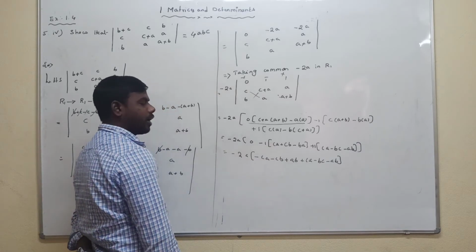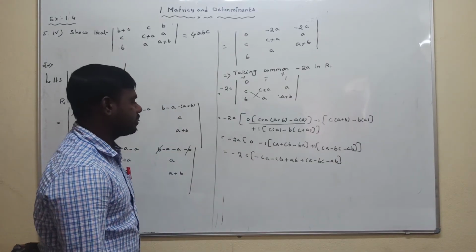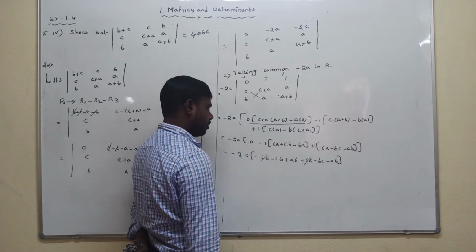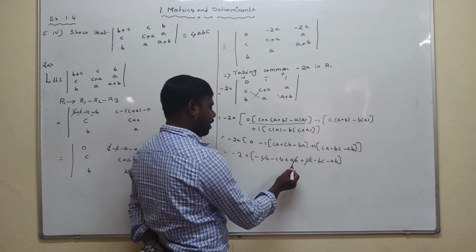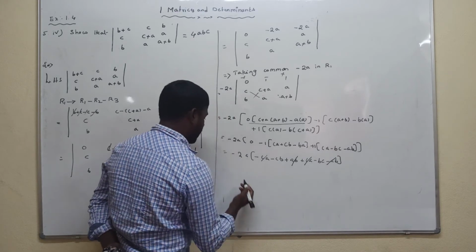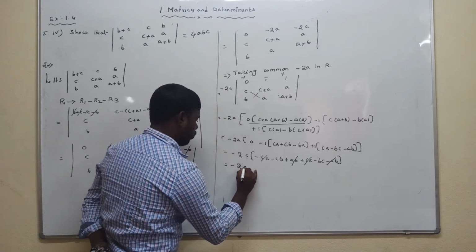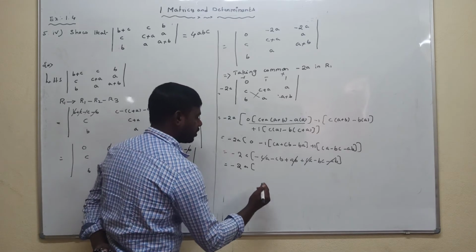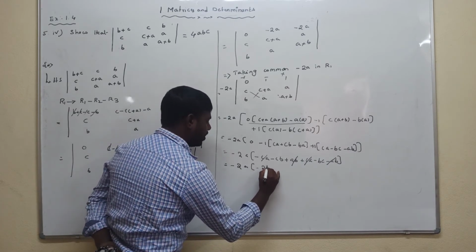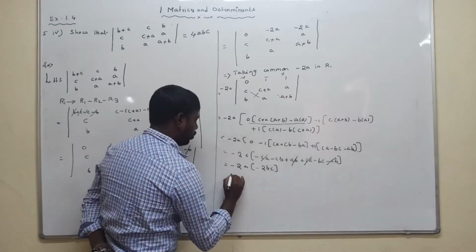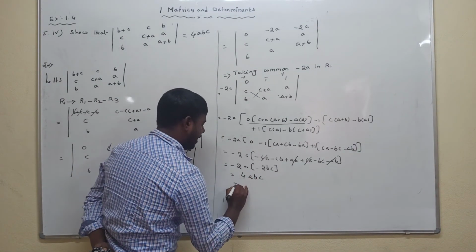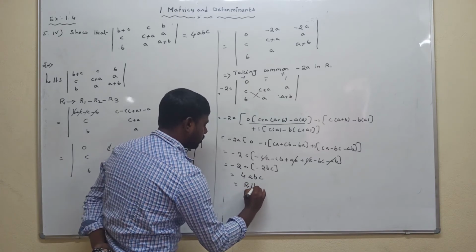Now what are the cancellation elements? We cancel minus ca plus ca. Next is plus ab minus ab to cancel. Minus 2a into minus cb minus bc, both are the same, minus 2bc. Now minus 2 into minus 2 is plus 4, a into b is abc. Finally we get the RHS value.